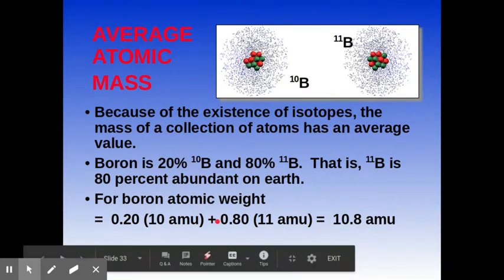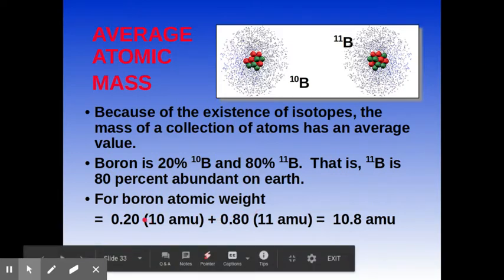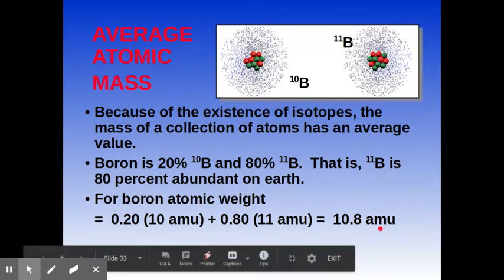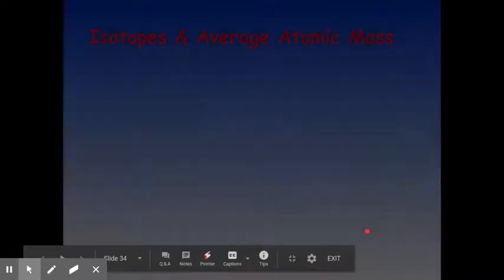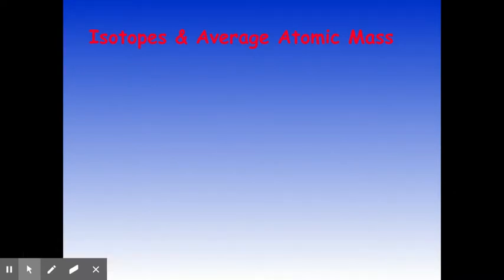You do that for every isotope. So here's 80% times 11. If there were more isotopes, we would add those onto it. And then you add them all together, and I get 10.8 AMUs. So your average sample of boron is going to have an average mass of 10.8 AMUs. So that's going to help us figure out how many atoms we're putting into something.